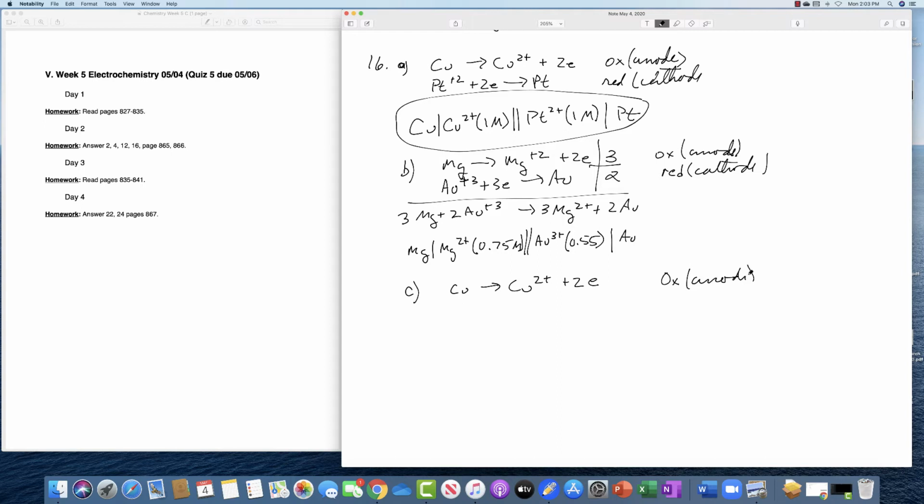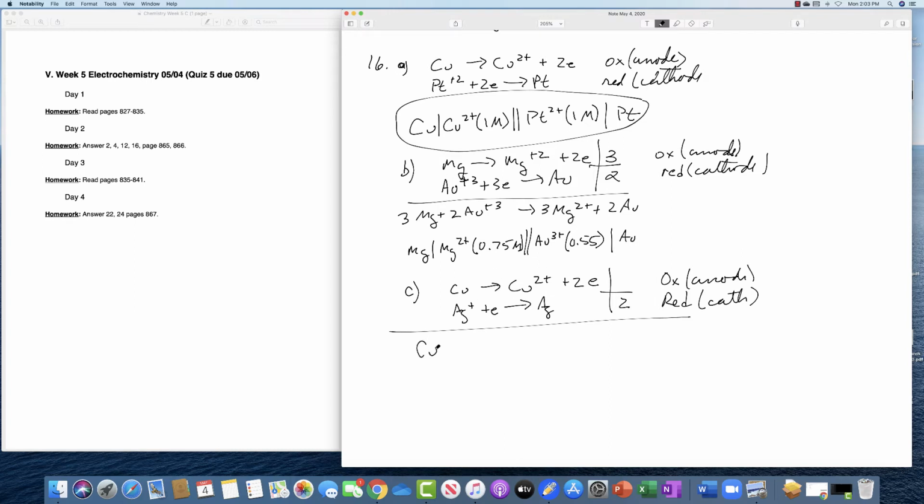And then the silver, I believe it was silver. Yes, silver plus an electron goes to form silver metal. And this is the reduction part, the cathode. And again, you would have to multiply this bottom equation by 2 for the overall equation to be balanced.